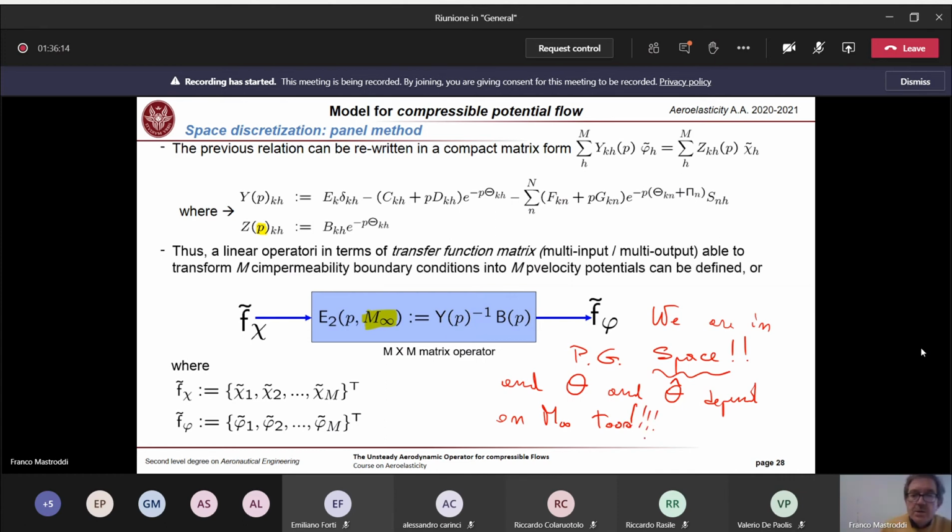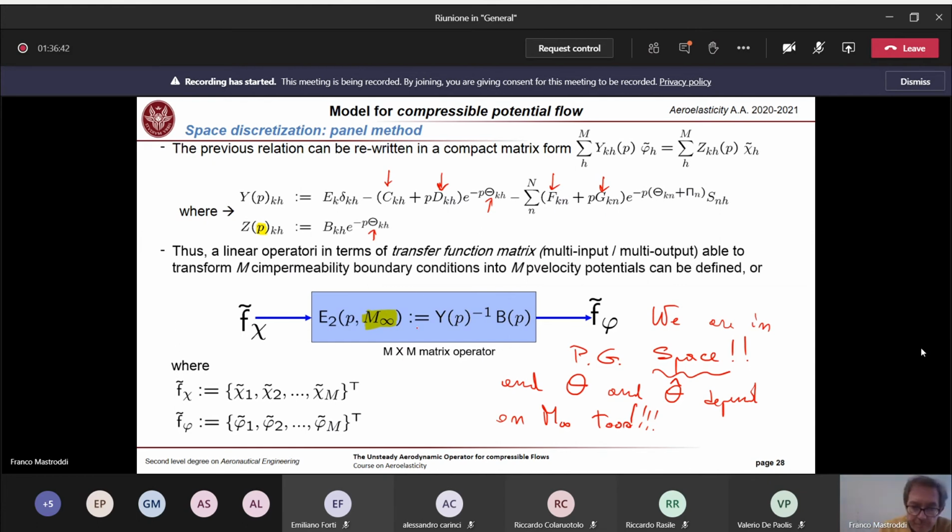Okay, so all these quantities depend on Mach number, and all the coefficients depend on Mach number because they are obtained in the Prandtl-Glauert transformation space. And so this is the E2 matrix depending on p and Mach number, or in MSC Nastran code, depending on reduced frequency and Mach number.